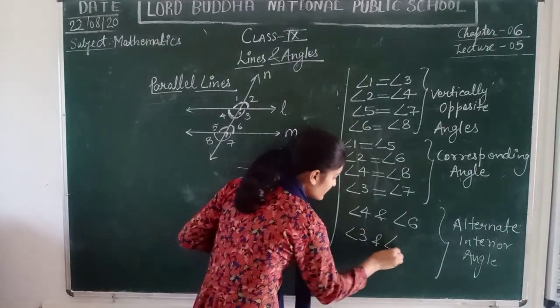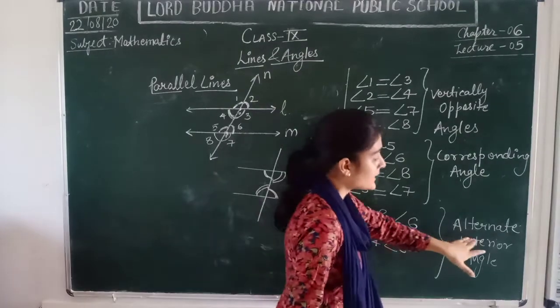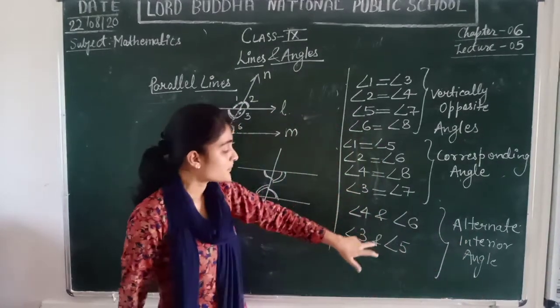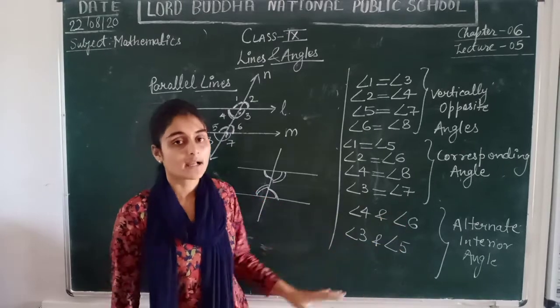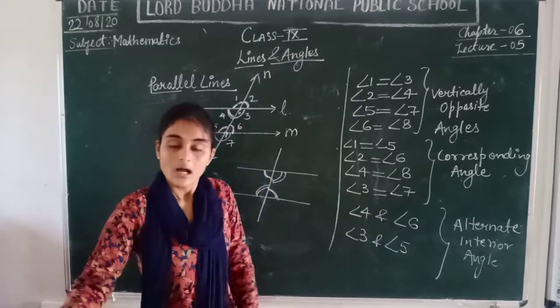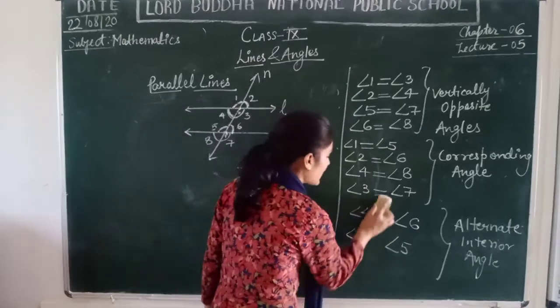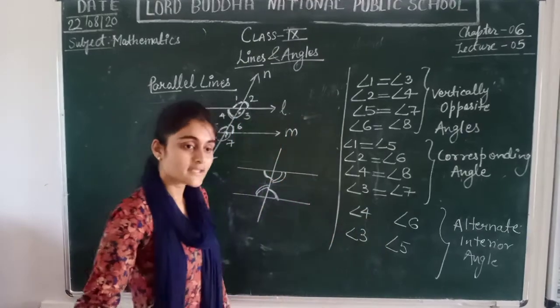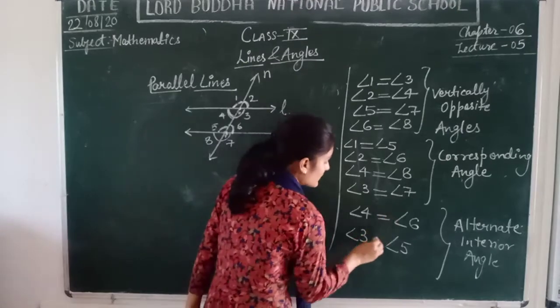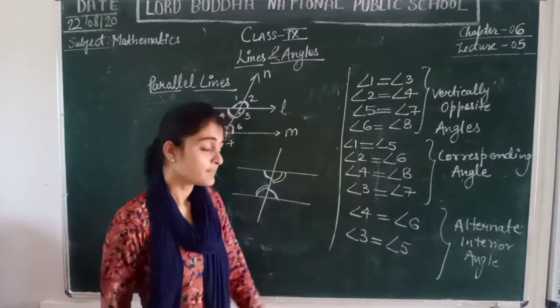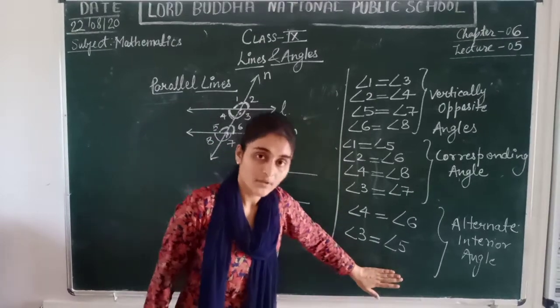They are also at alternate positions, right? So these 2 pairs of alternate interior angles we have in this figure. Again they have the property that they are equal in measurement. So you write they are equal: angle 4 equals angle 6 and angle 3 equals angle 5.